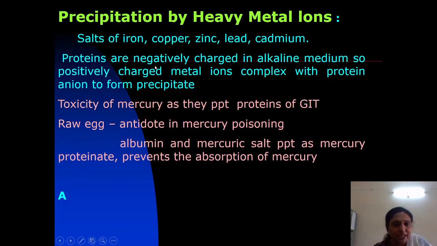So mercury is toxic to the body as it precipitates the proteins of the GIT, and the antidote given for mercury poisoning is raw egg, because the albumin combines with the mercuric salt and forms insoluble mercury proteinate, which in turn decreases the absorption of mercury, thereby decreasing the toxic symptoms associated with mercury poisoning.